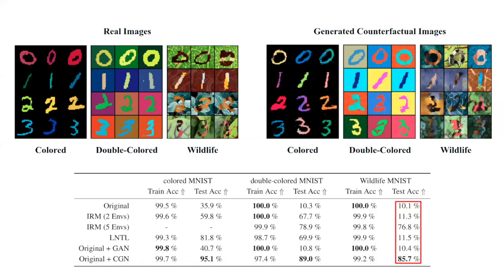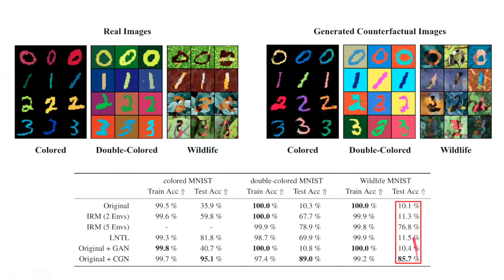What we set out to do is to have a robust trained classifier. In this case, we know that the shape would be the causal signal, so we want to disregard everything else. So we generate an image, then randomize the texture and the background, and train on the original data plus this CGN, counterfactual generative network, data.